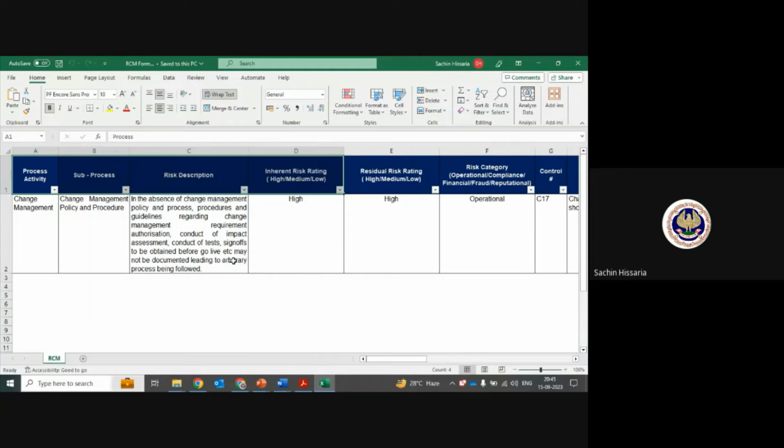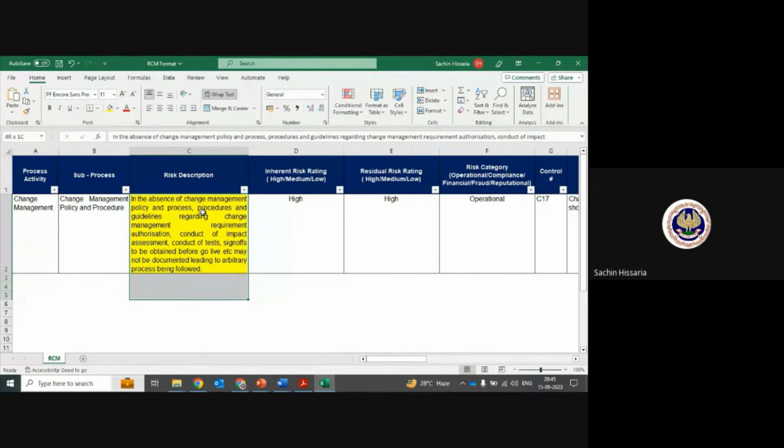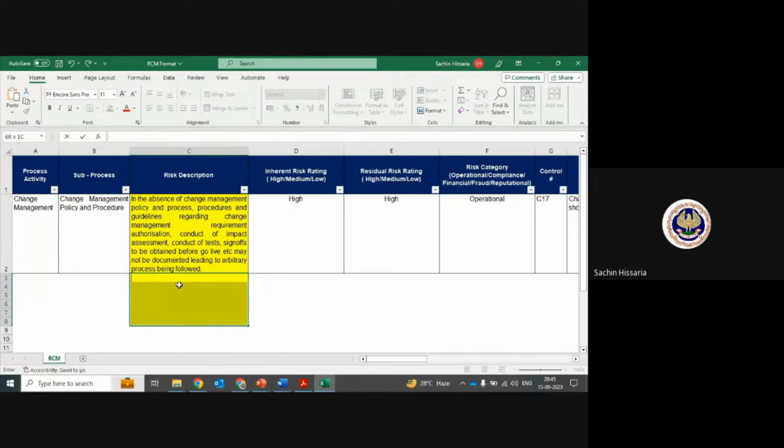Suppose I am doing an audit of change management. As an auditor, I will also identify what risks are there in the change management process. I should know that these are the top 5 risks in the change management process. If I know the risk, then only I can verify the appropriate control. So as an auditor, we document those risks in our RCM document.